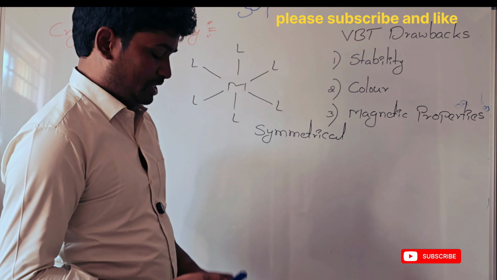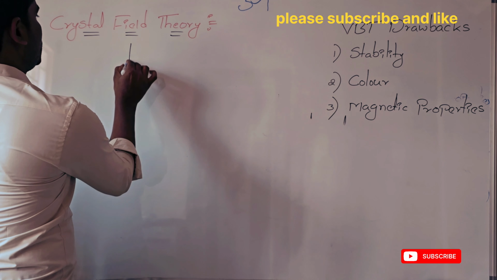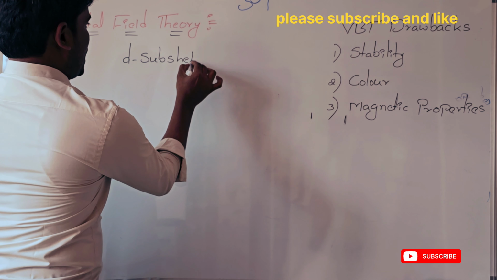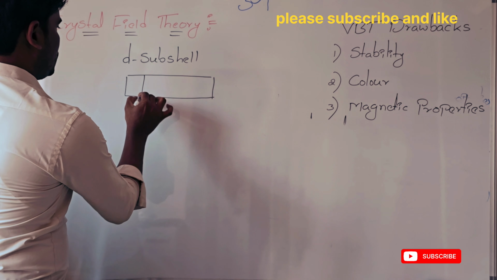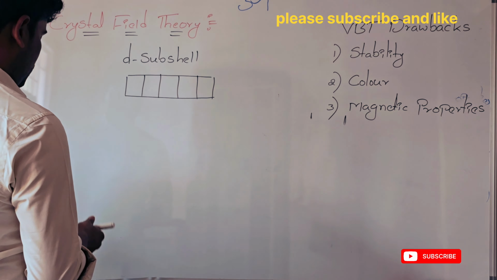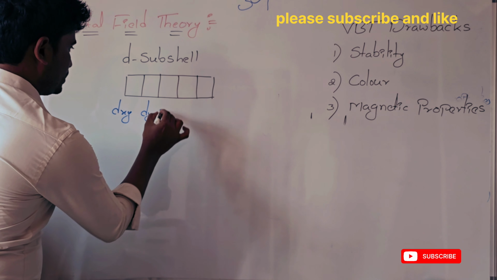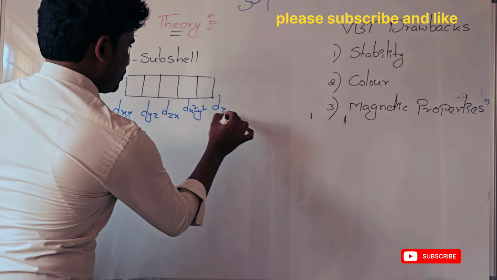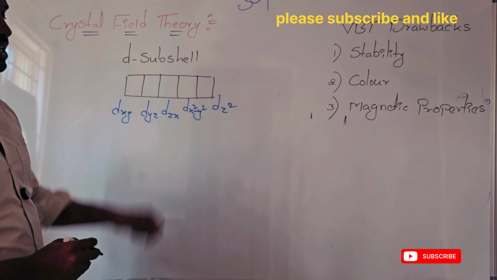Before going to the crystal field theory, look at the arrangement of the metal d orbitals based on the axes. The metal has 5 d orbitals in the valence shell. The 5 d orbitals are dxy, dyz, dzx, dx square y square, and dz square.